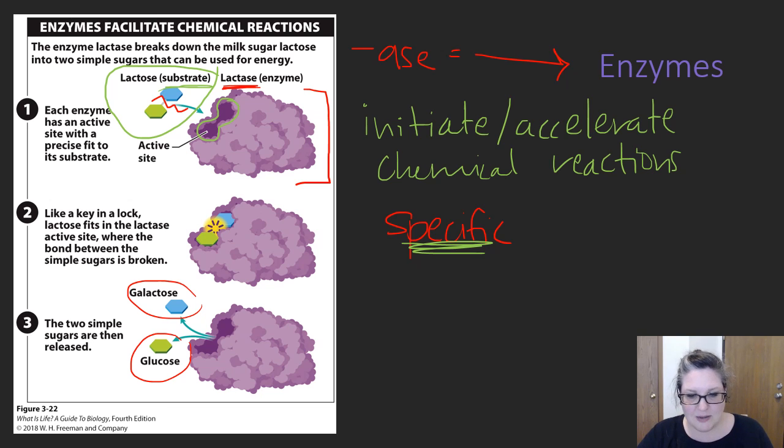So this is just one example, but there are lots of different examples of enzymes. And something that's cool about enzymes is that they reset themselves. They can be used over and over and over again, hundreds and thousands of times. They aren't just used up when you're finished.